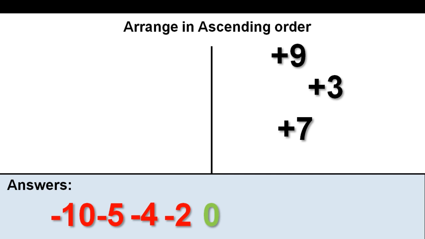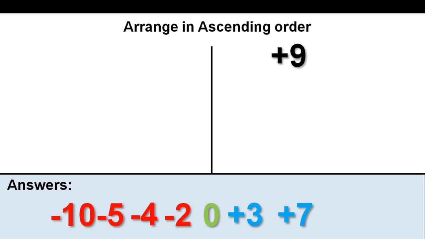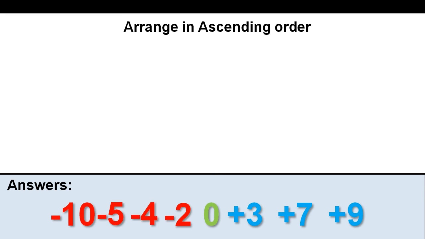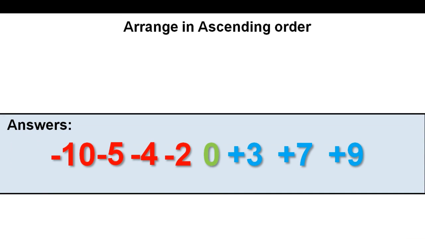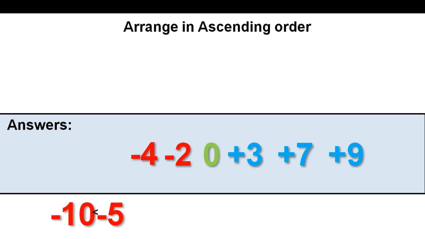All the positive numbers are greater than 0, and as we go up the number line, we would get positive 3 first, then positive 7, and finally positive 9. These numbers are now in ascending order, but we can put inequalities between them, like this.